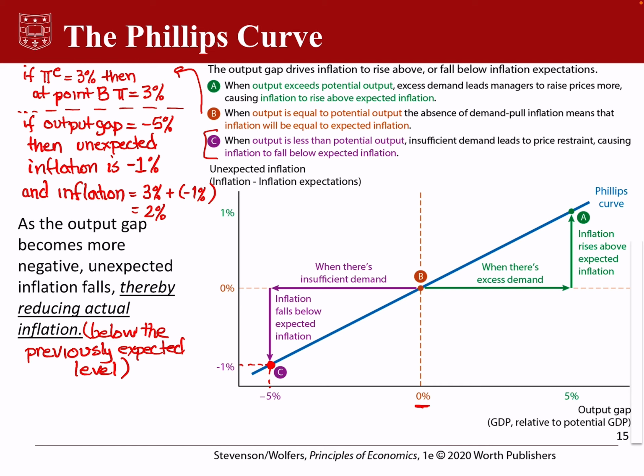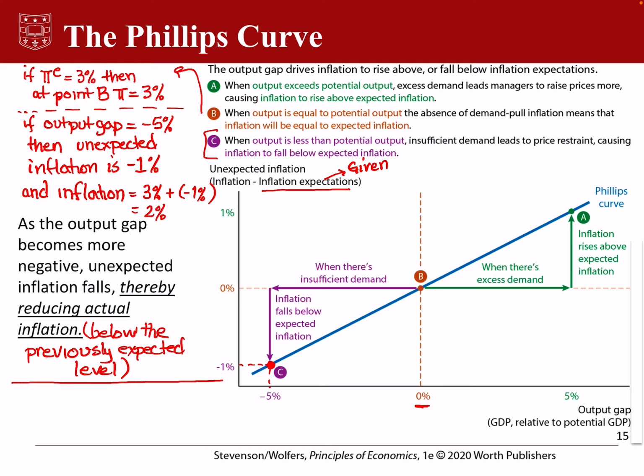So we take inflation expectations as given. So this is given and held fixed throughout the analysis. And we look and see what the value of unexpected inflation is. And from that, we solve for actual inflation.